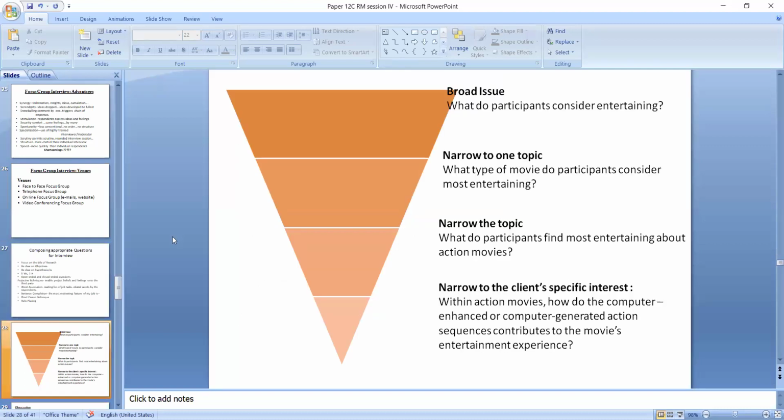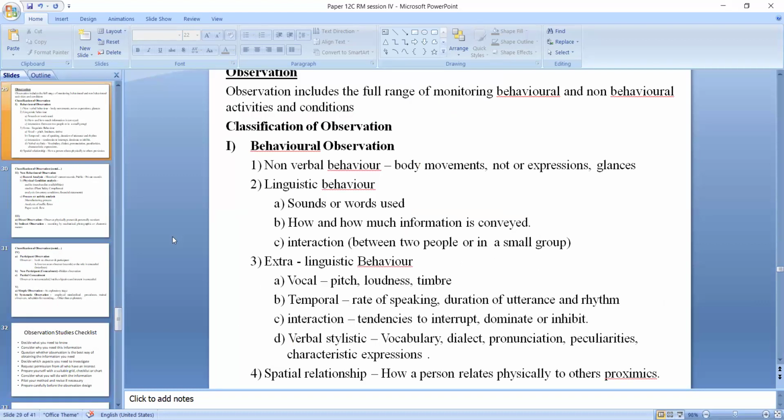So, whatever kind of interview, macro to micro. Now, the observation method, for monitoring behavioral and non-behavioral activities and conditions.